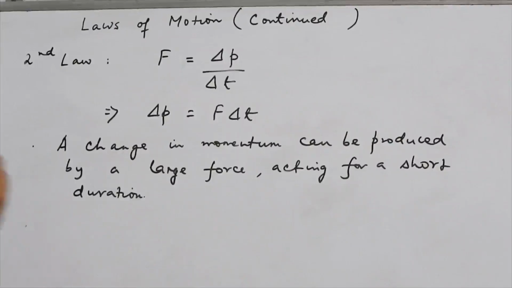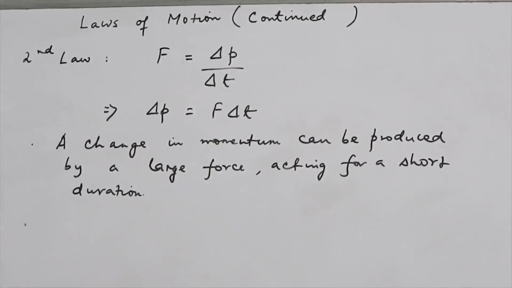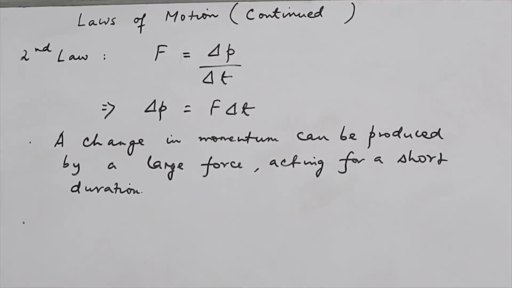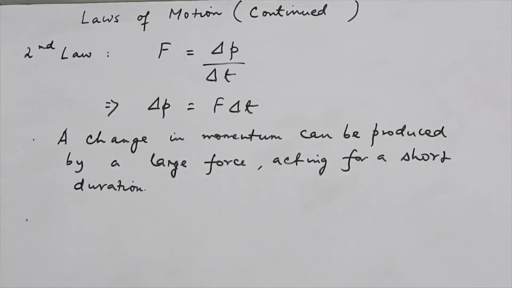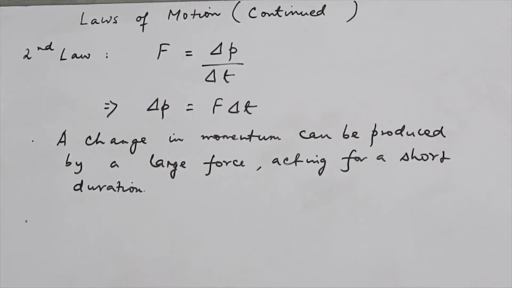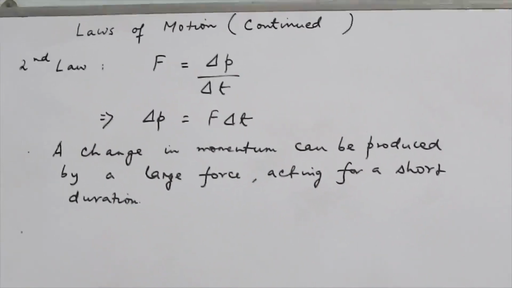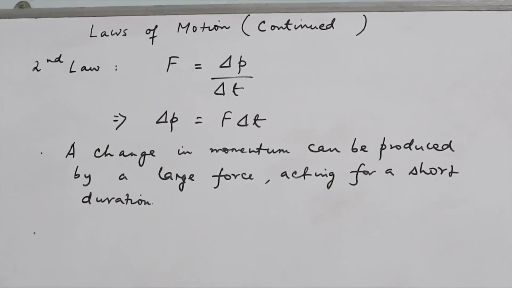So let us again take the example of the cricket ball. In a cricket field, while catching a ball, a cricketer usually withdraws his hand, and in this situation, that large change of momentum is produced by a force acting for a large duration of time.